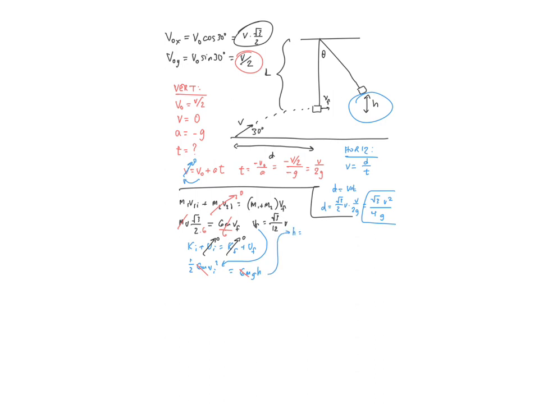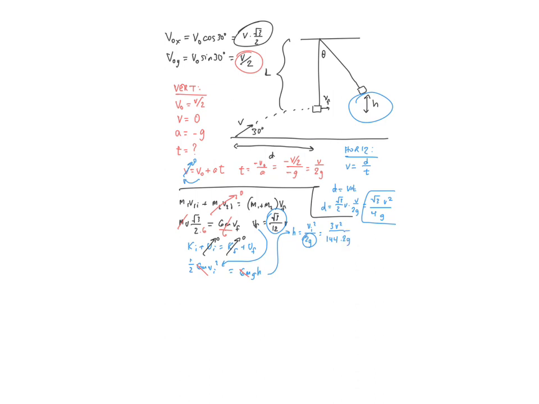So h is equal to vi squared over 2g, and that vi, we've got to plug in this formula. So when we square everything in that formula, root 3 squared is 3, then you have a v squared divided by 12 squared, which is 144, and then we still have this 2g in the bottom.